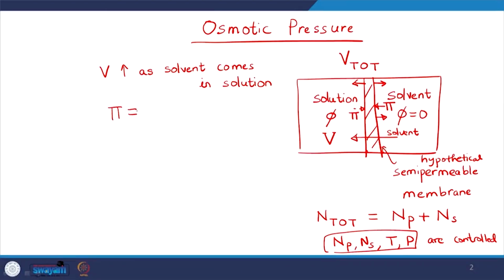Therefore, we can say that there is some osmotic pressure of the solution, and as you may imagine, this should be a function of phi. Let us say, for example, when phi is very high, the amount of solvent on the solution side is less, and then we have pure solvent on the other side.